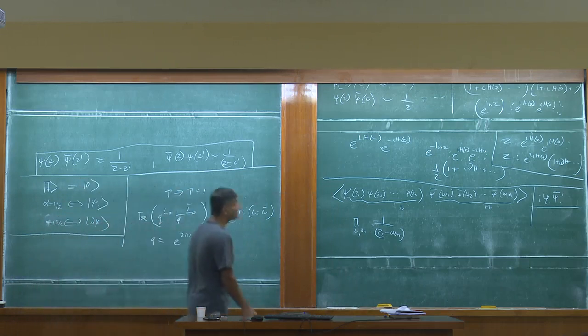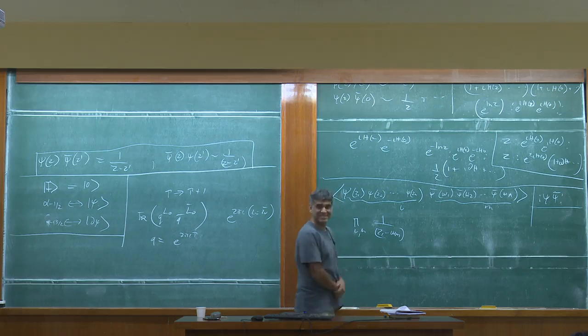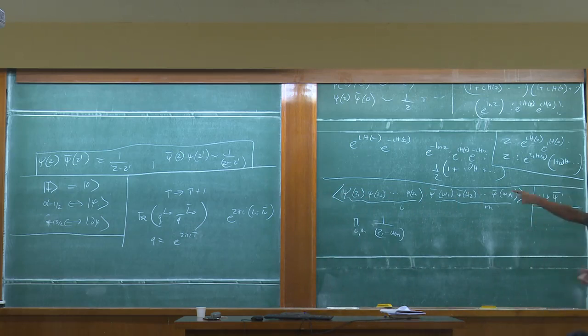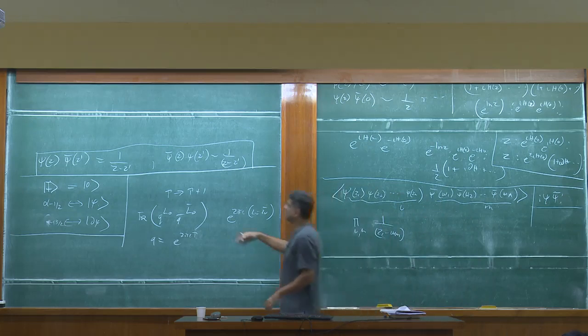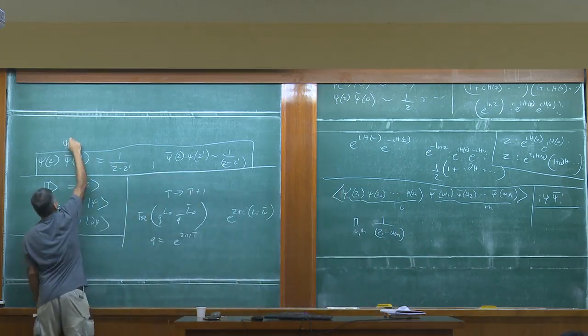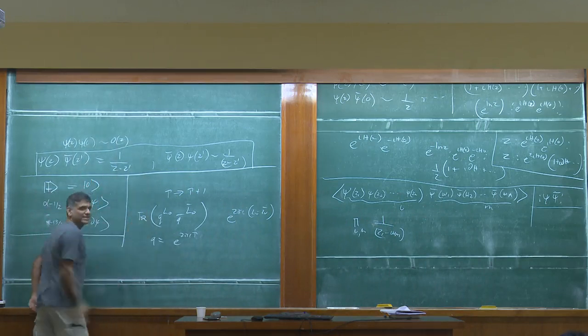Now there's something else we know about this answer. And that something else is that when any two of these psis come together, the answer vanishes. There's a simple 0. Well, I didn't write it down here, but that was the statement that psi of z, psi of 0 is like O of z, order z.